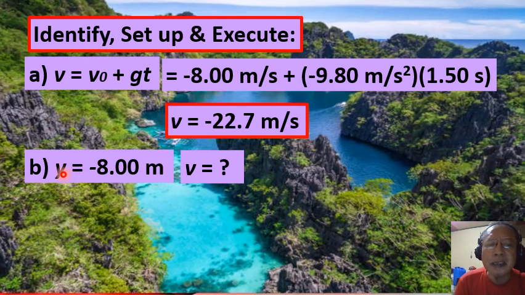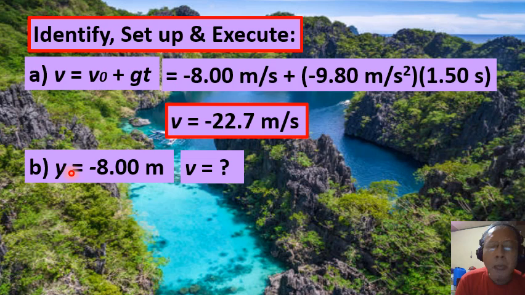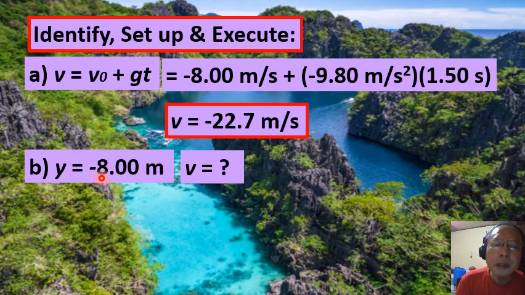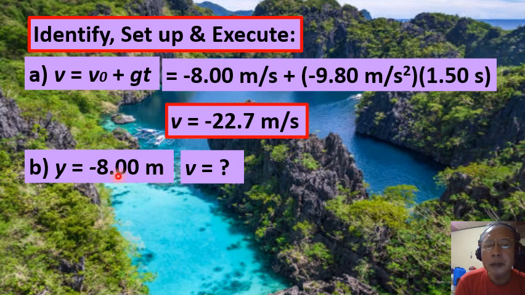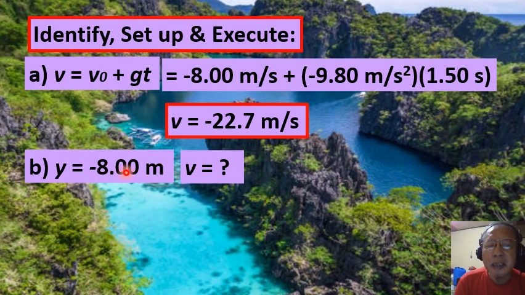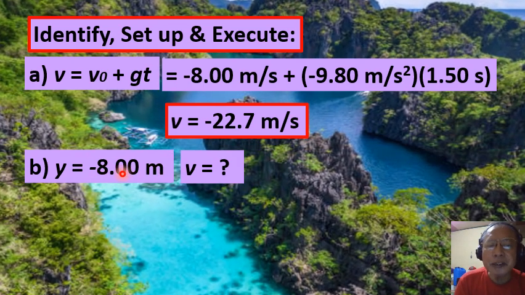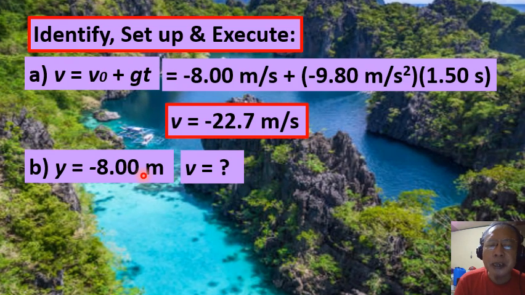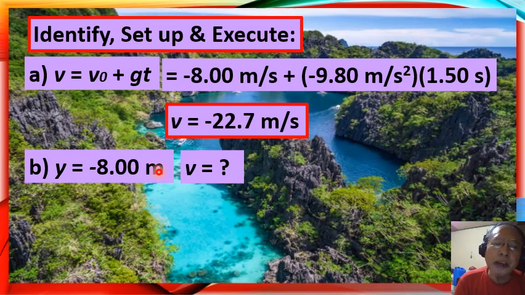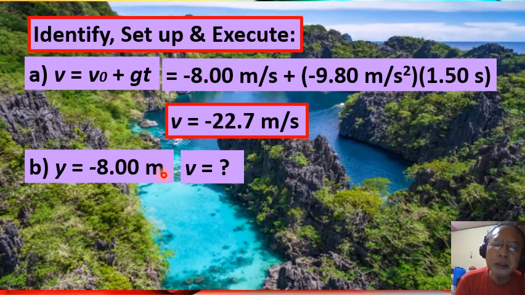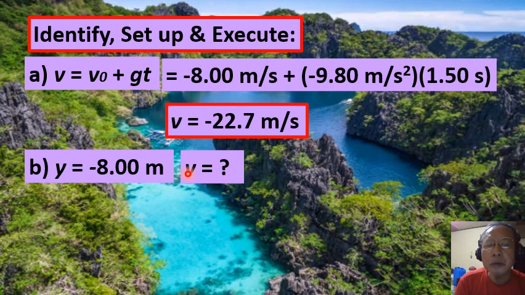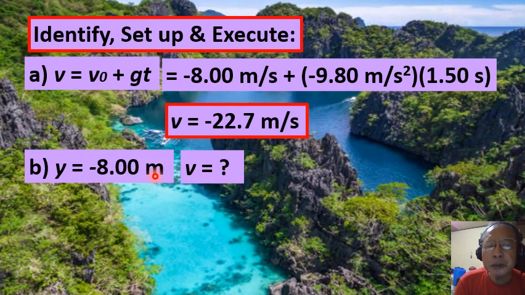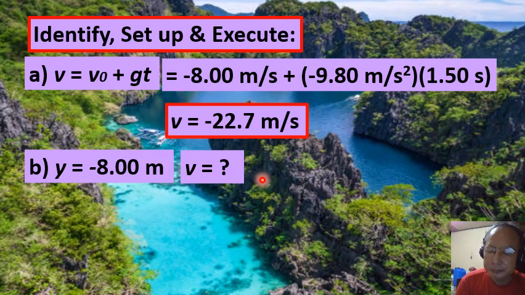So we let the position of the stone be equal to negative 8.00 meters. The negative sign means 8.00 meters below the reference, which is your hand. So what's going to be the instantaneous velocity of the stone when it is 8.00 meters below your hand?